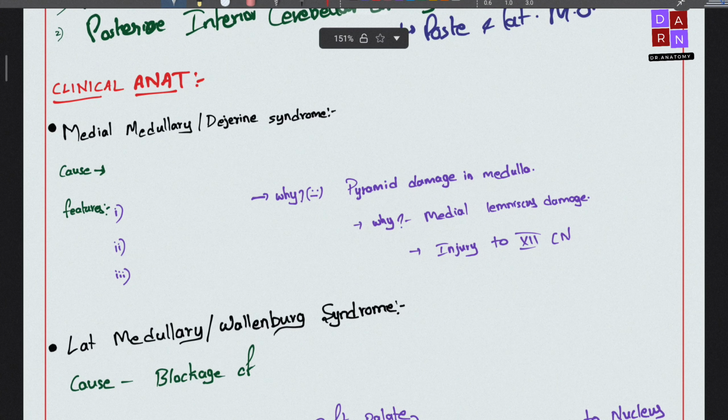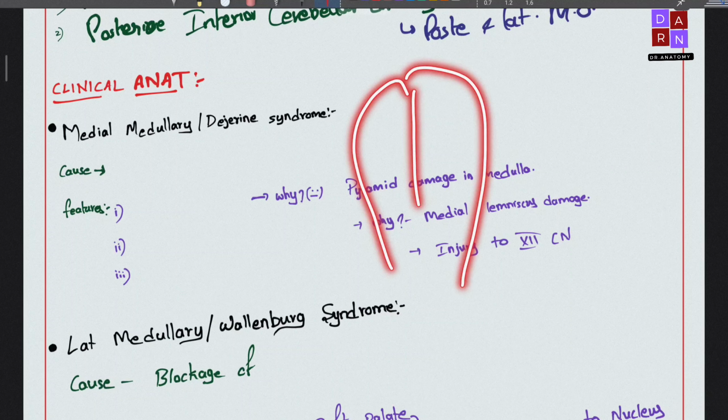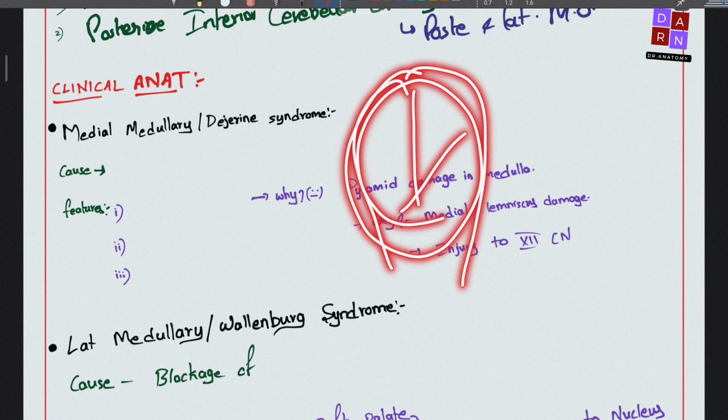In the clinical anatomy of the medulla oblongata, we have two syndromes: medial medullary syndrome and lateral medullary syndrome. Medial medullary syndrome is also known as Dejerine syndrome. It itself says the medial part of the medulla oblongata is damaged. What is its blood supply?